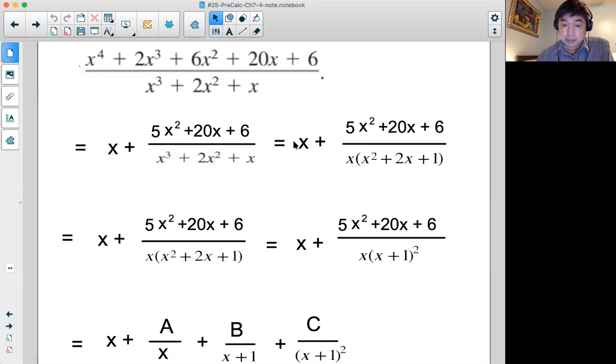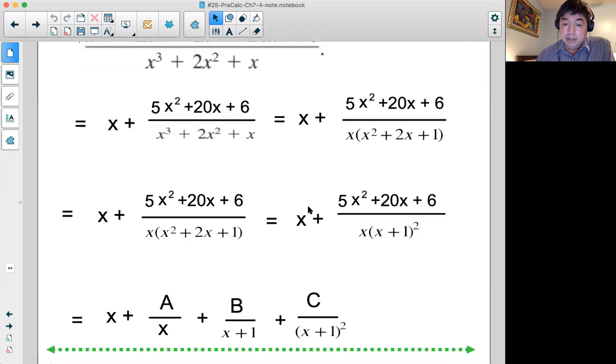As you see this step by step, it comes on here. Now you have to write x outside, so you leave x outside, but you can write this form: A over x plus B over x plus 1, which is the first power of this section, and C over (x plus 1) squared.